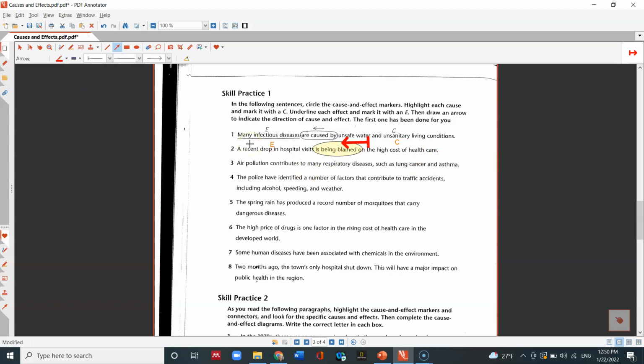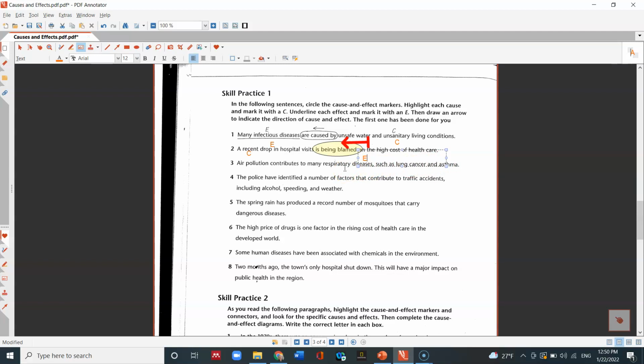Okay, we'll do number 3 together, and then you're probably going to work on the rest by yourselves. Air pollution contributes to many respiratory diseases, such as lung cancer and asthma. Okay, so in this case, hopefully you can see that the cause, the reason, is air pollution, and the effect is respiratory diseases. What about lung cancer and asthma? Just remember, respiratory diseases is the general, and lung cancer and asthma are specific.